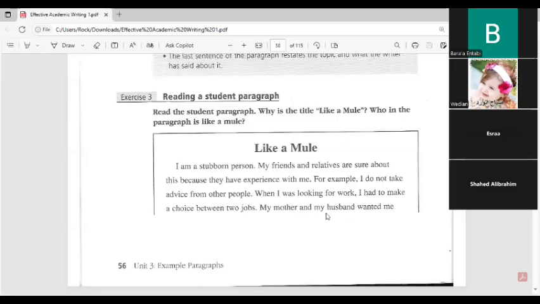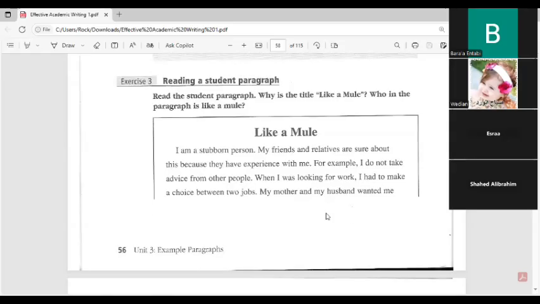My friends and relatives are sure about this because they have experience with me. For example, I do not take advice from other people. When I was looking for work, I had to make a choice between two jobs.